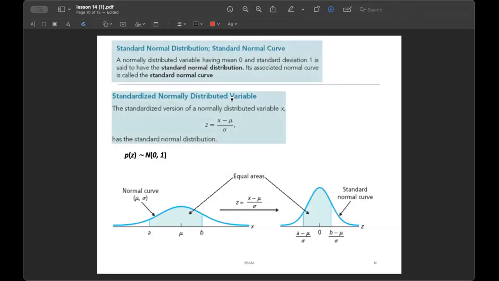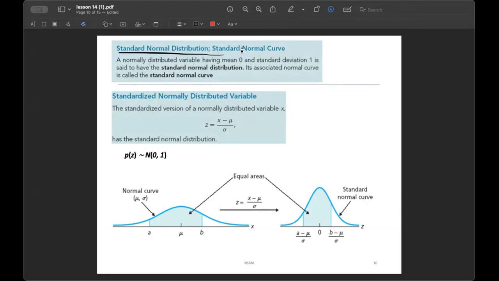To do the standardization, here we are going to define a new term. That's what we call the standard normal distribution, which has the standard normal curve. Both names refer to the same thing, the standard normal distribution and the standard normal curve.